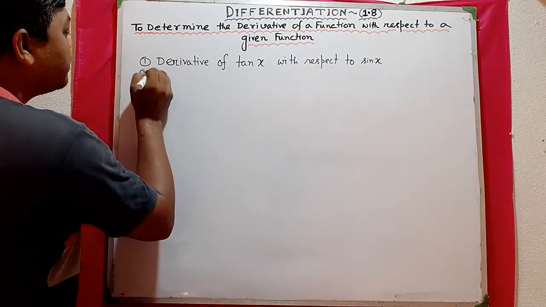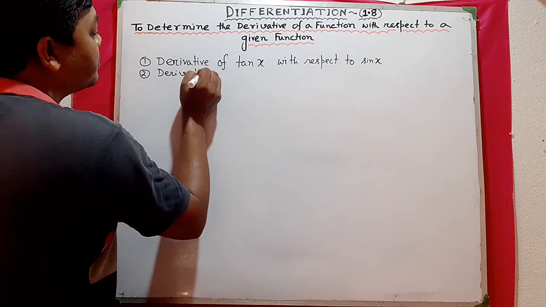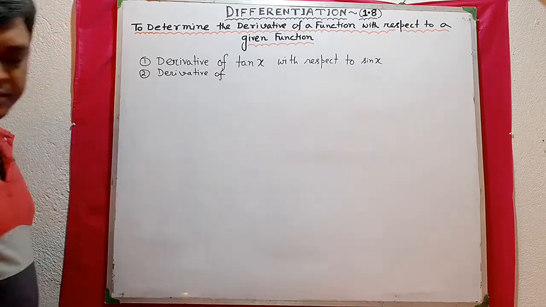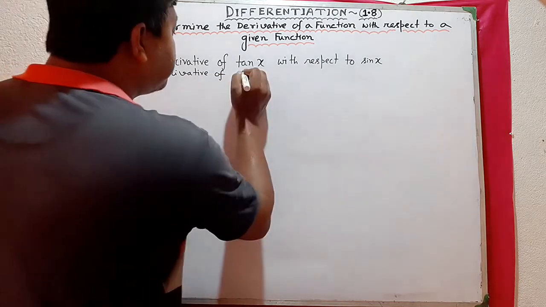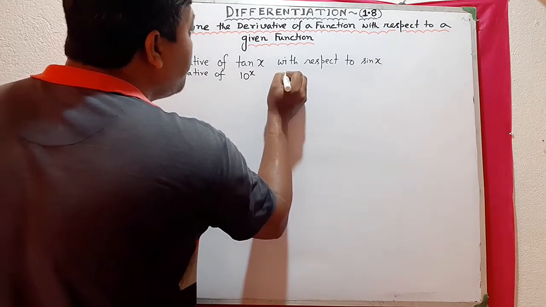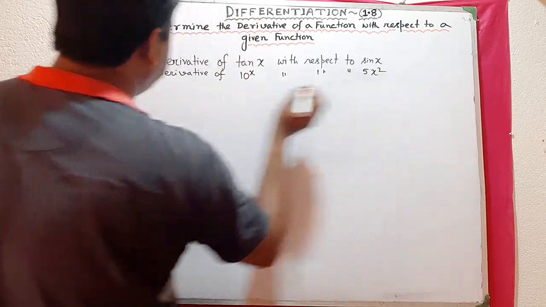Number 2, derivative of 10 to the power x with respect to 5x square.